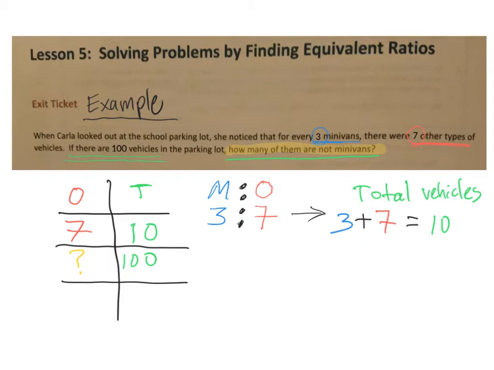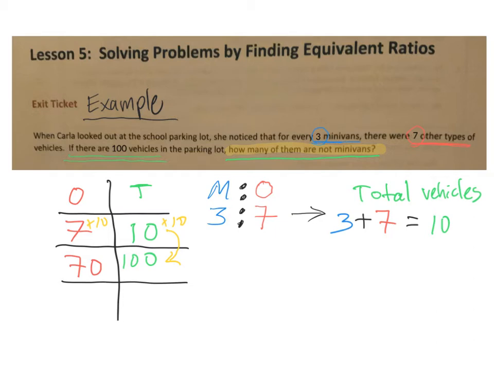So if we are saying, hey, what did we need to do to get from 10 to 100? All we needed to do to get from 10 to 100 was times 10 by 10. So what we do to one side, we have to do to the other side. And so we times 7 by 10, and that gives us 70.